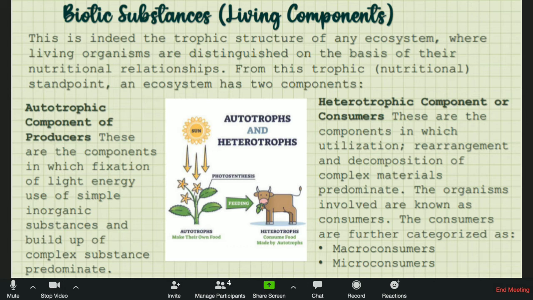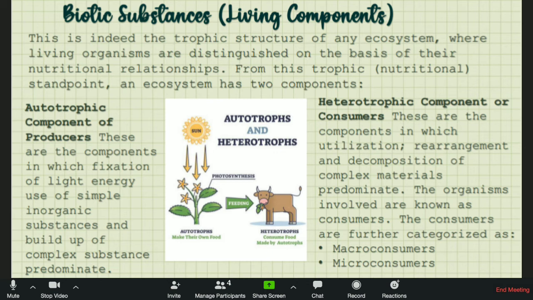The second component is the heterotrophic component, or consumers. These are the components in which utilization, rearrangement, and decomposition of complex materials predominate. The organisms involved are known as consumers as they consume autotrophic organisms like bacteria and algae for their nutrition.